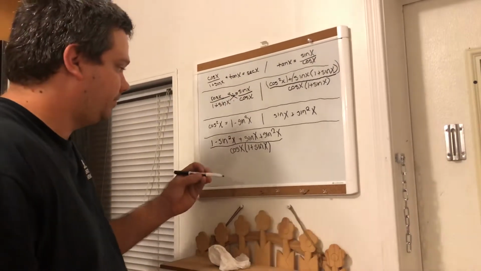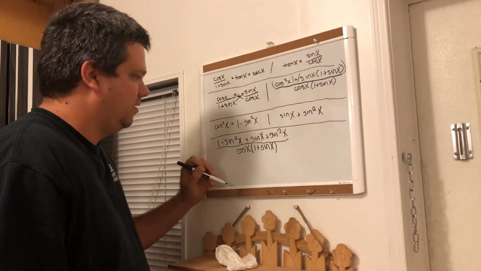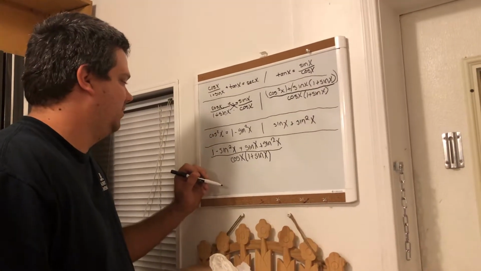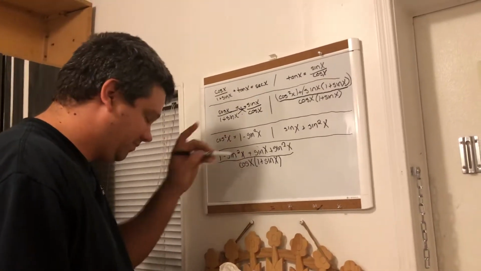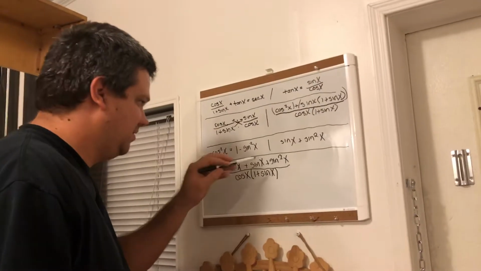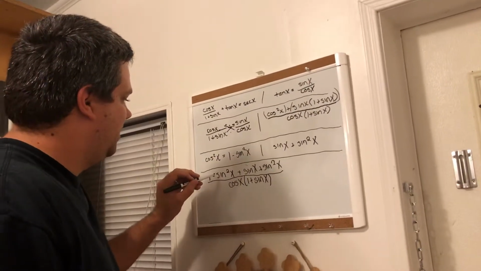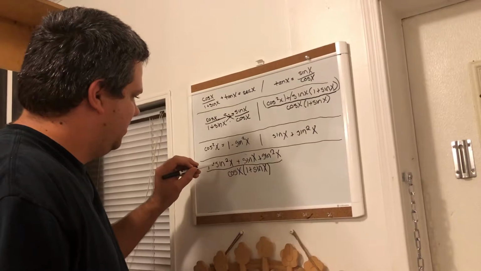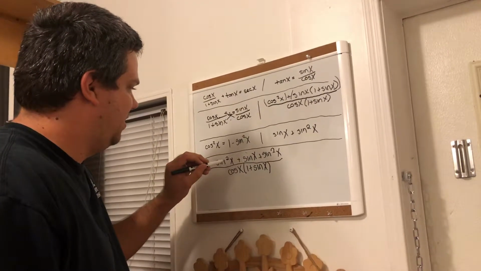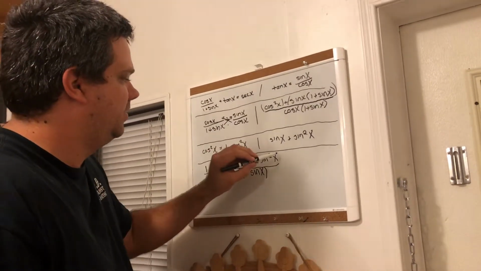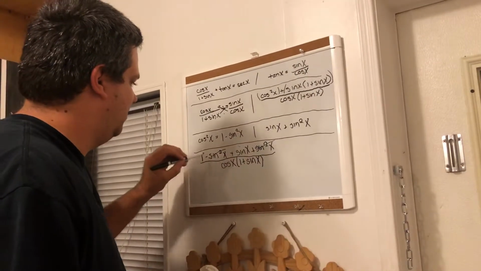From here, we would want to group together the similar functions, or similar signs, which we have the negative sine squared of x and positive sine squared of x would cancel each other out.